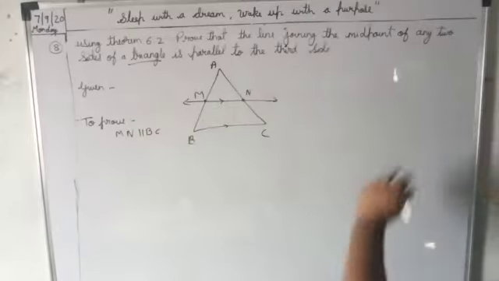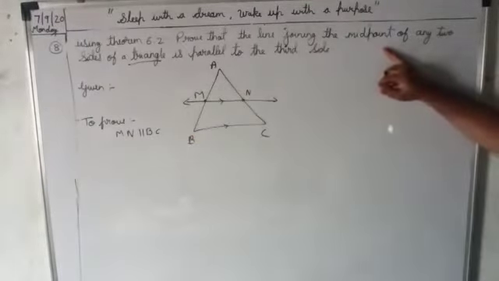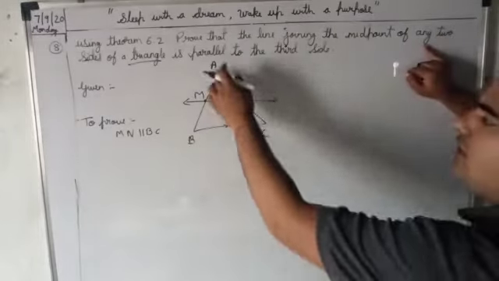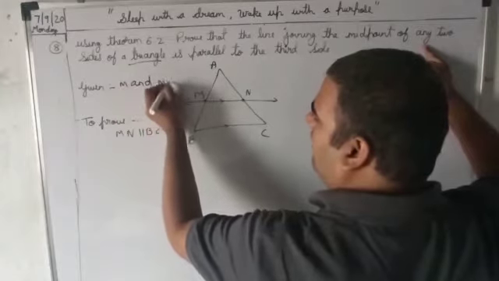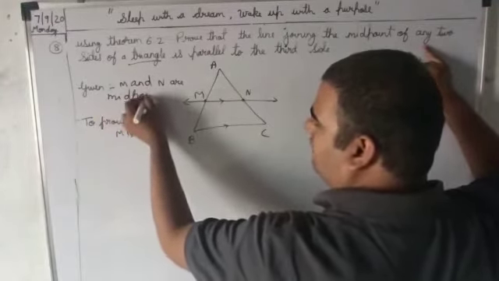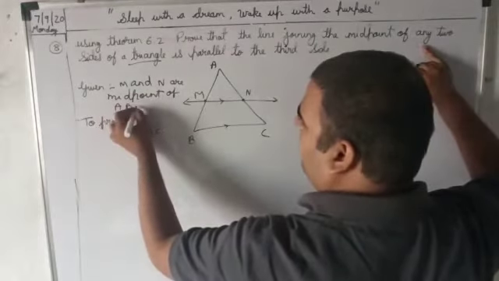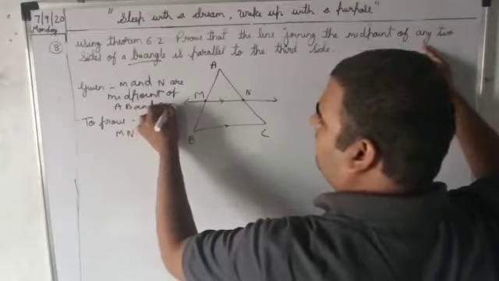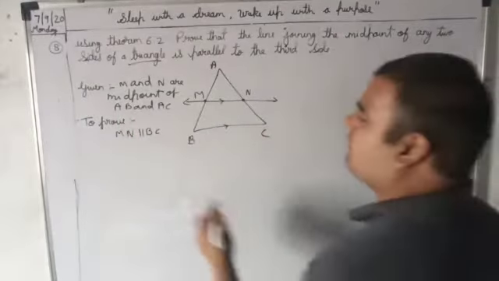So M is the midpoint of AB, N is the midpoint of AC. So I can say M and N are midpoints of AB and AC, right?